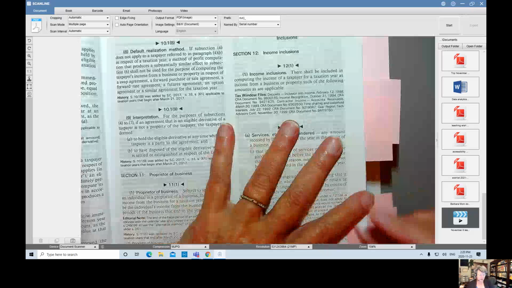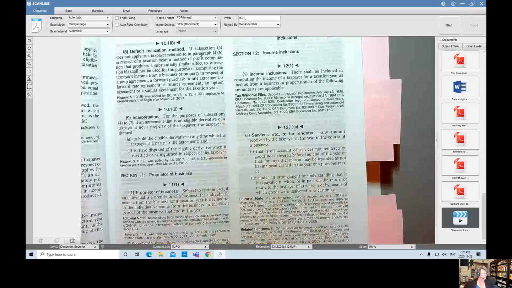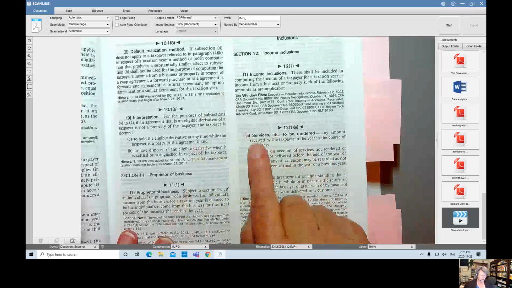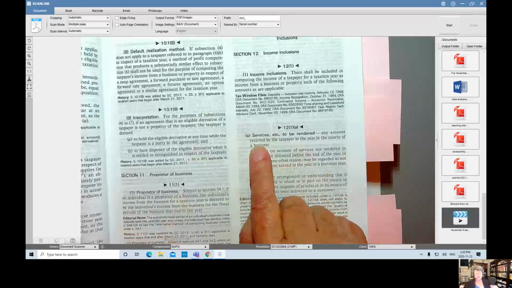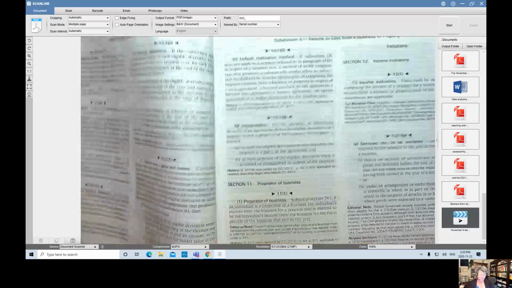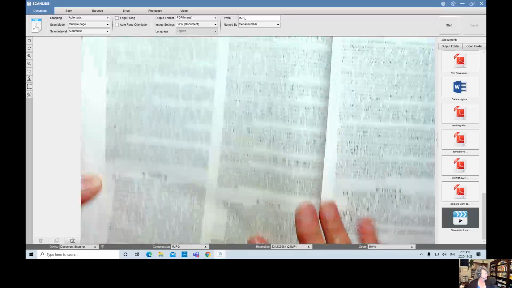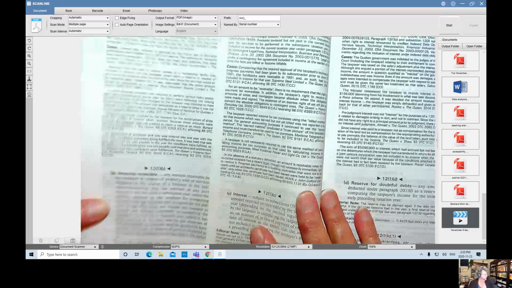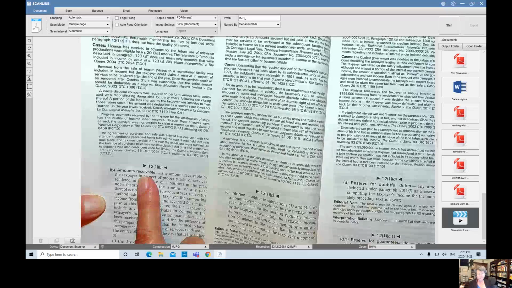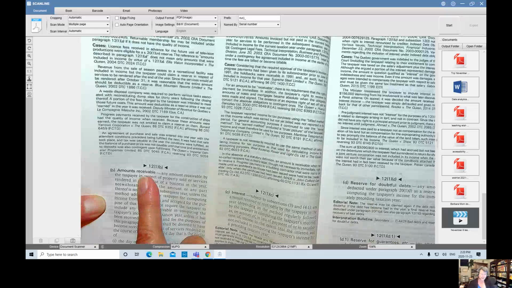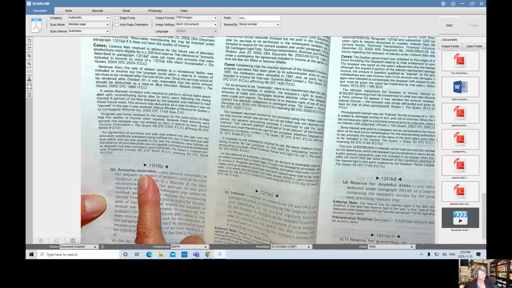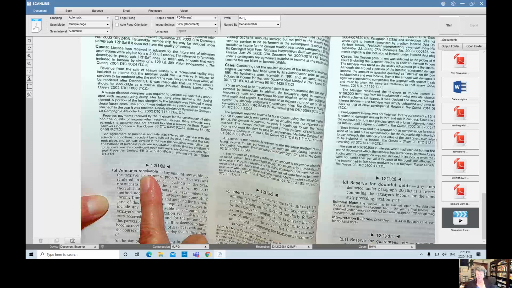Here's an amount received. Cash accounting says you received it, you pay tax on it. Then we have 12(1)(b), amounts receivable. So basically 12(1)(a) and 12(1)(b) say either you got it or you're owed it, and either way we're going to tax it. And they do fix that. It's not a problem.